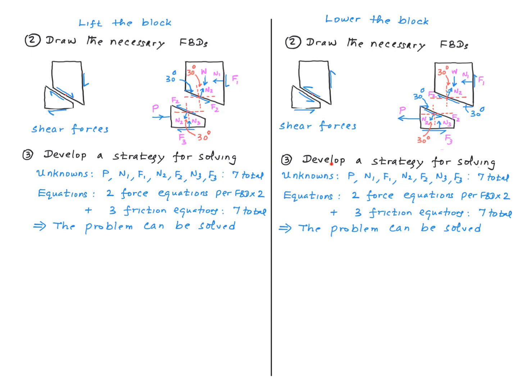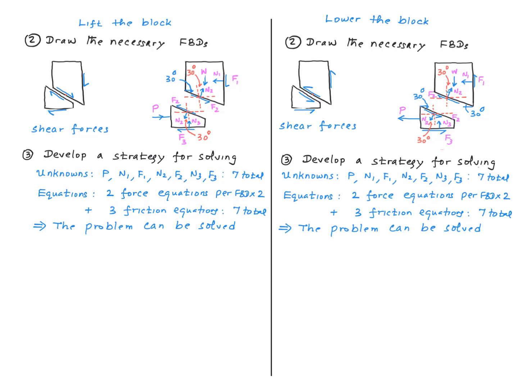Our third step is to develop a strategy for solving the problem, right? So as part of this, we're going to go ahead and list all the unknowns and figure out how we can develop the equations necessary to solve for these unknowns, right? These are the unknowns for the problem of lifting the block. We have a total of 7 unknowns, right?